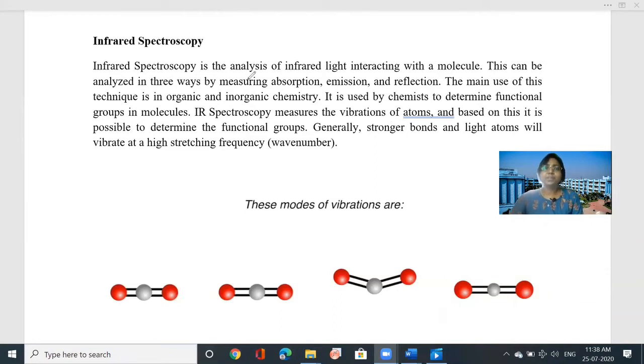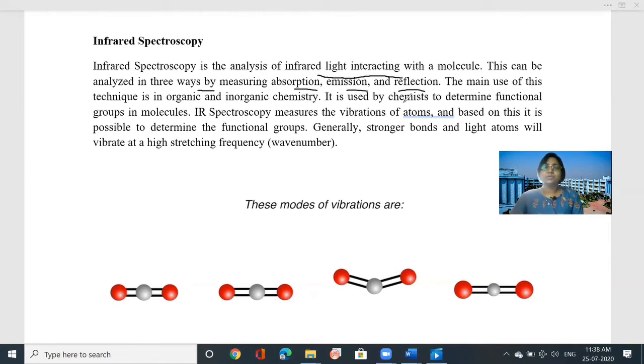This light, in the infrared region, will interact with the molecule. It can be analyzed in three ways: by measuring absorption, emission, and reflection. When the light interacts with the molecule, the molecule can absorb the light, emit the light, or reflect it back.